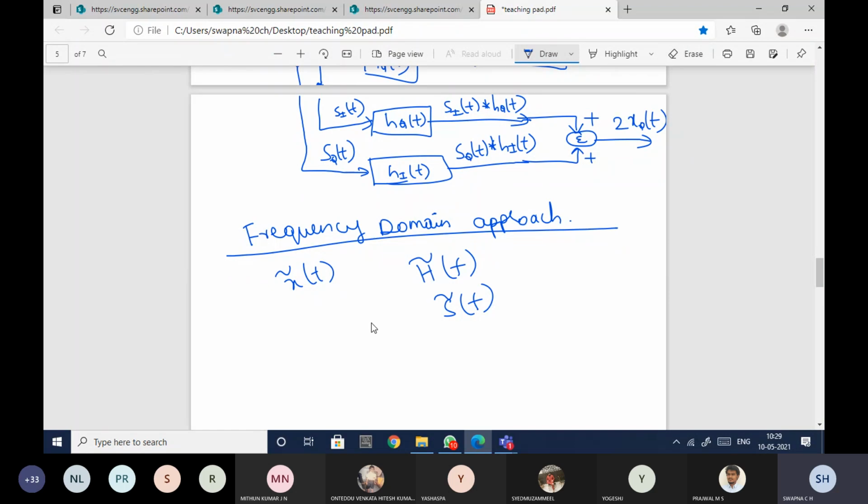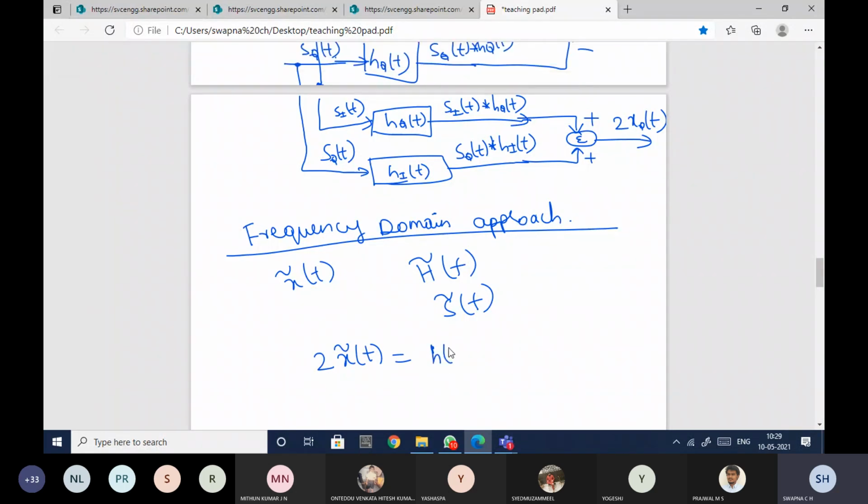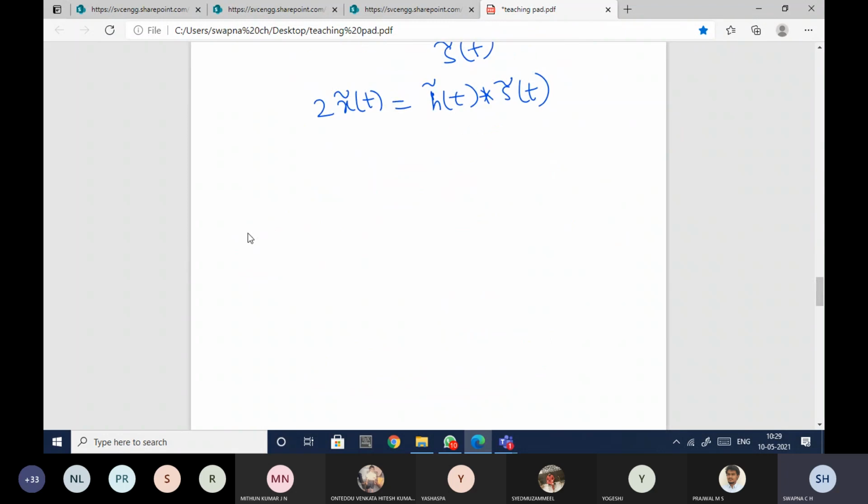You have the equation 2x tilde of t is nothing but h tilde of t convolved with s tilde of t. This is what we have got. The frequency domain representation of this is 2x tilde of f, equal to h tilde of f times s tilde of f, since convolution in time domain is equivalent to multiplication in the frequency domain.